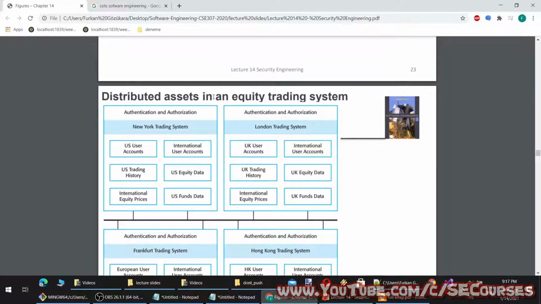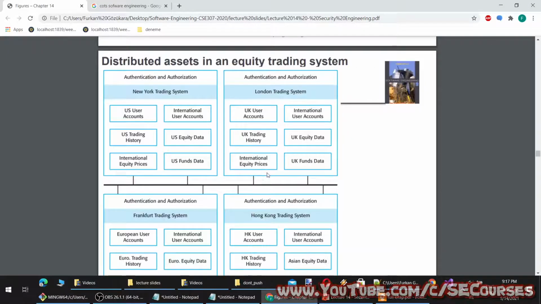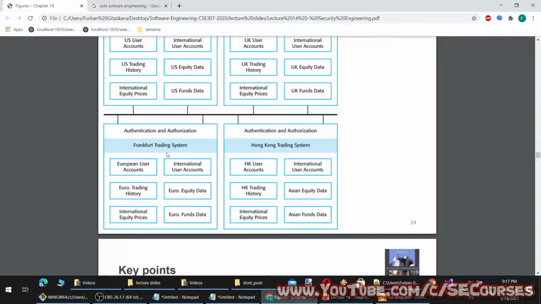So, distributed assets in an equity trading system. You see there is authentication and authorization, a New York trading system and a London trading system, US user accounts, international user accounts, US trading history, US equity data, international equity prices, US funds data, and UK user accounts, UK trading history, UK equity data, UK funds data, then a Frankfurt trading system, European user accounts, European trading history, and such.